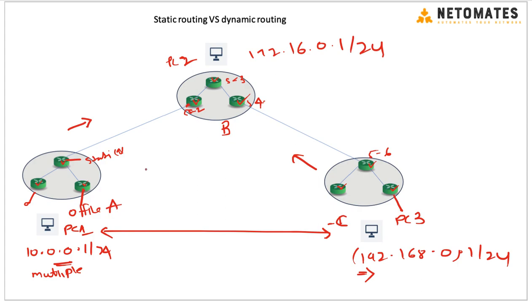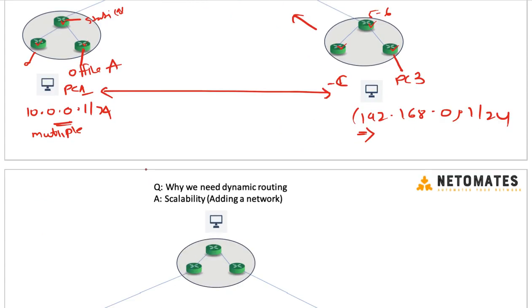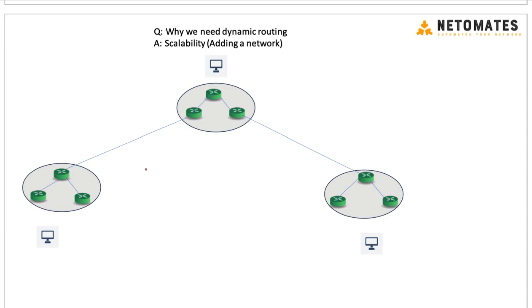So let's discuss why we need to choose dynamic routing. The first thing is scalability. As we discussed previously, suppose you have the setup with office A, office B and office C, and everything is in place. If you are going to add a new network, say a /24 network, in the static routing case you need to update all the routes.